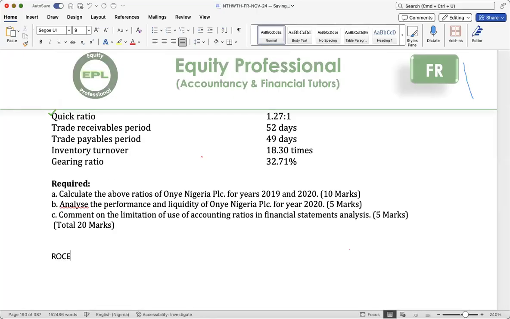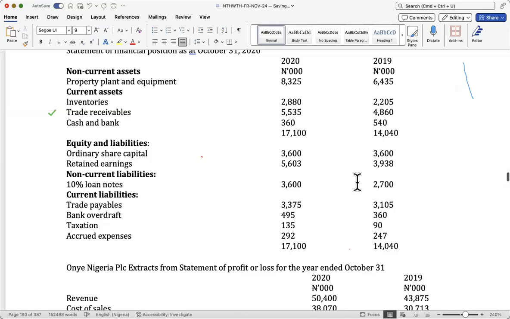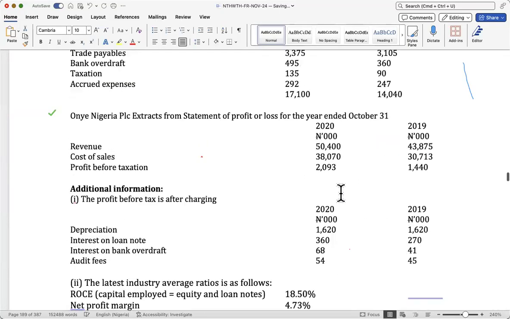Okay. So I said we are using PBIT over equity plus loan notes. So we have gotten the equity as 7538, and they gave us our loan notes as 2700.